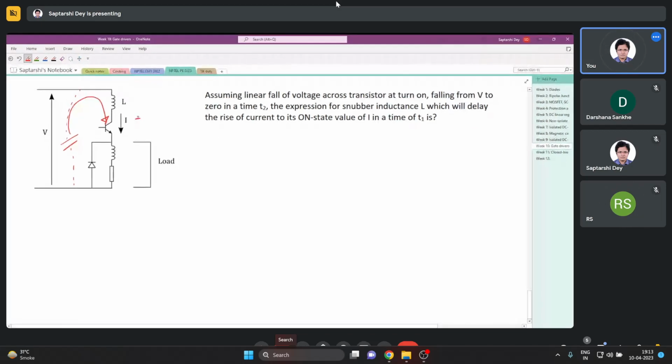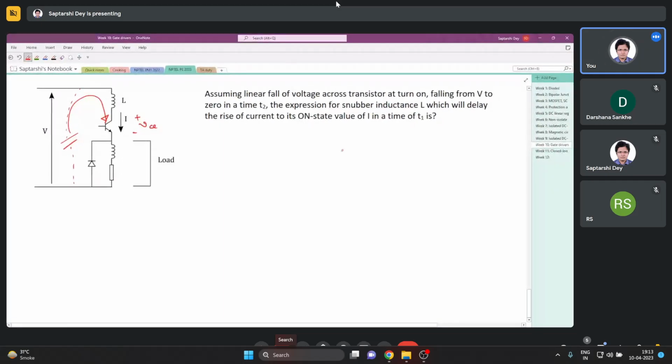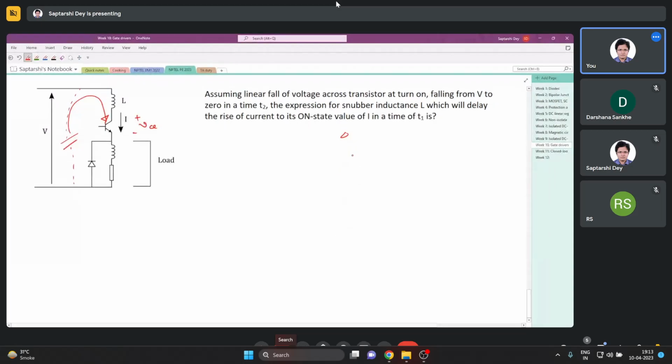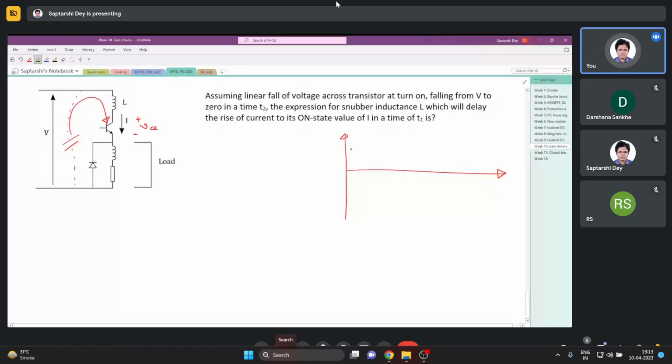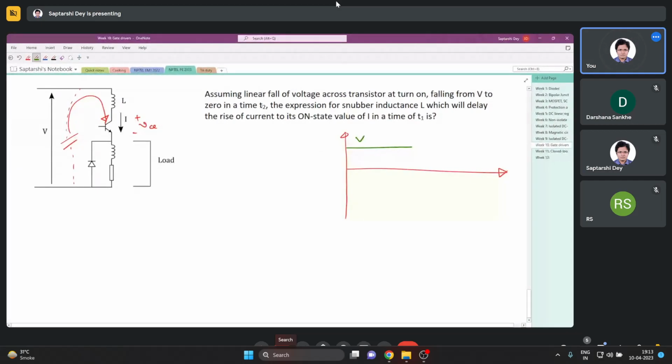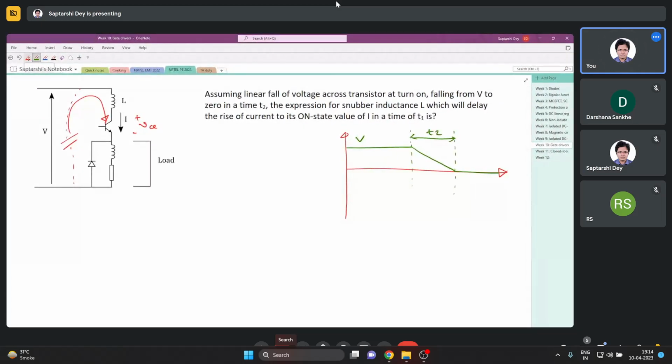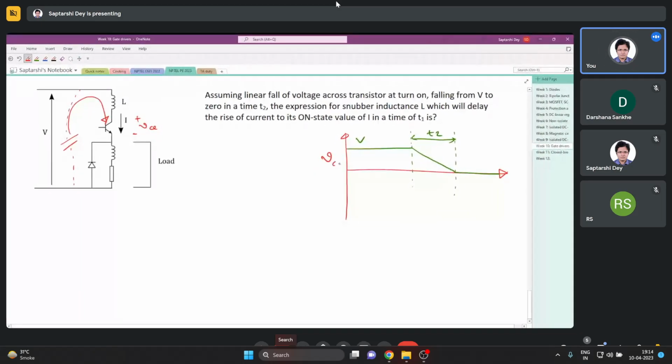If I call this VCE, so when it was off, the voltage was full voltage V, and then it drops like this to 0. So this time interval is t2, and this is the waveform for VCE.